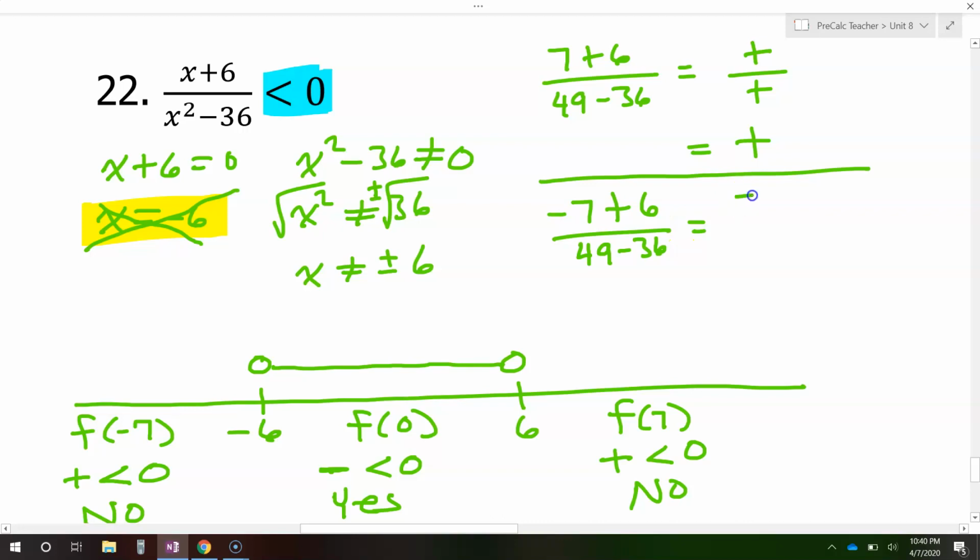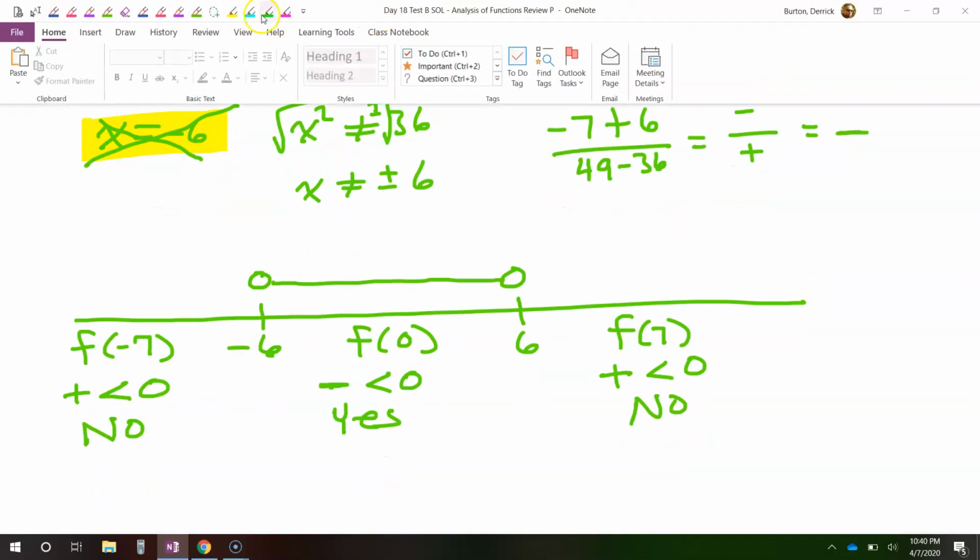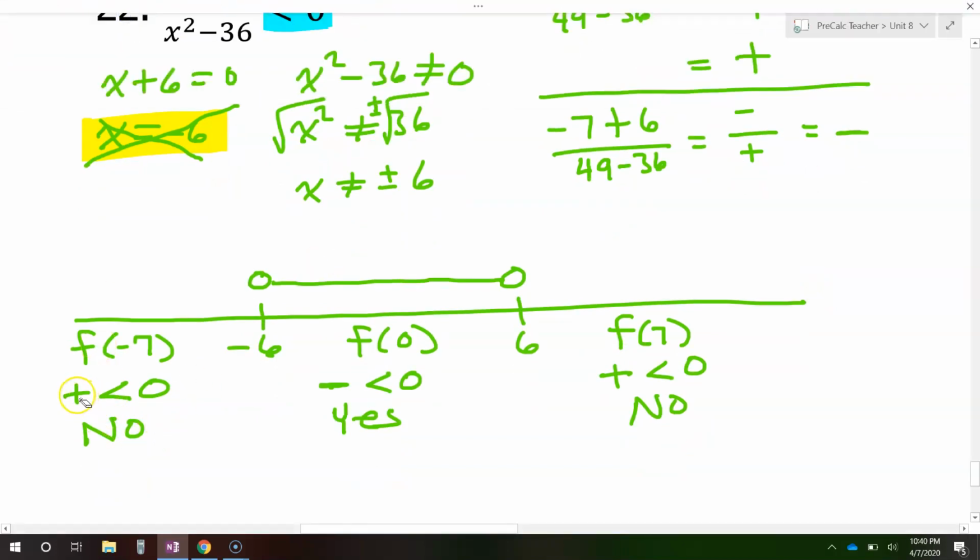So this is going to give me a negative divided by a positive, and a negative divided by a positive is a negative. So looking back, this was wrong because I put a positive when really it is a negative. So the question is, is a negative number going to be less than 0? And the answer is yes, always. So that means we will have solutions in this area.